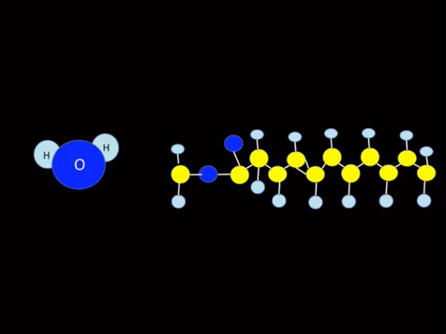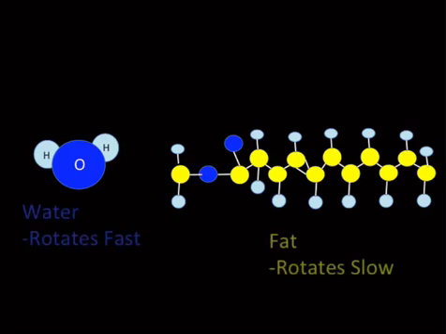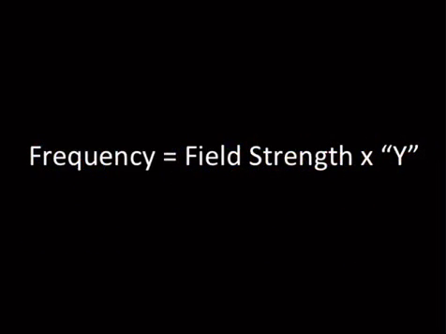What you do need to know is that they're different, and that they rotate differently because of that. And if they have slightly different frequencies, then your ability to identify their exact location based on your frequency encoding gradient is going to be just marginally off, something like this.